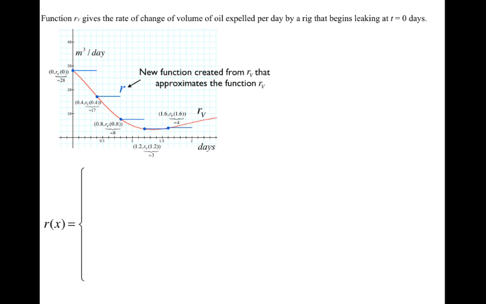So can we write that function now? It's made up of pieces, so we're going to need one piece at a time. Before we do that, though, I need to make a qualification. What we're going to do for each of these intervals, and this seems counterintuitive, is not include the open circle at the left side, although that's the rate we're using.